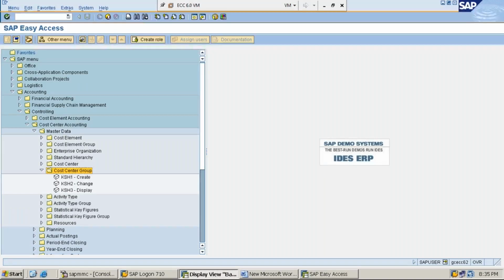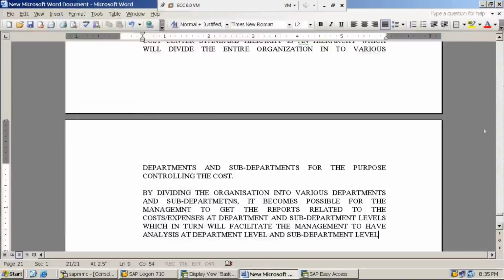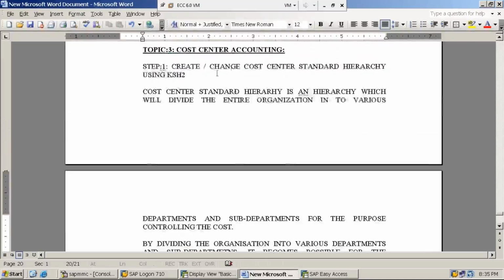then double click on KSH2 to change. See, in the description of this step, I have not only mentioned create, I have also mentioned change.